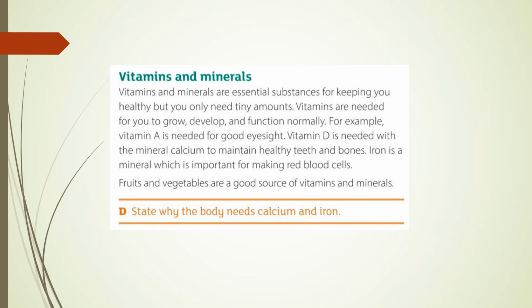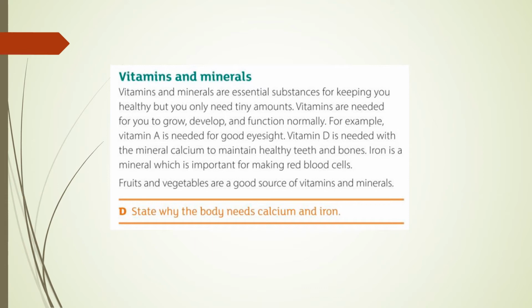You might know the function of certain vitamins. So for instance, vitamin A is very good for our eyesight. The eyes need it desperately. Vitamin D is very good for depositing calcium into our teeth and bones to keep them nice and strong. And this is where rickets comes from.